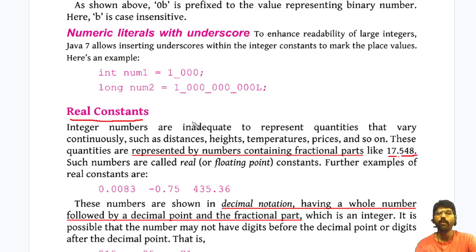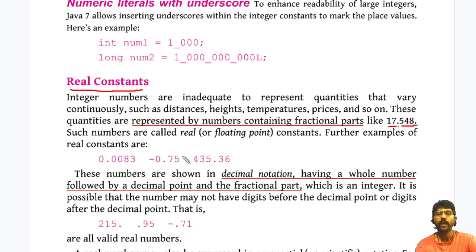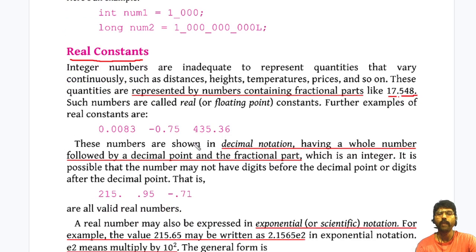Here are examples which contain fractional parts. These real constants are categorized into two types. One is called decimal notation, and one is called exponential notation, also called scientific notation. Decimal notation has a whole number followed by a decimal point and a fractional part.